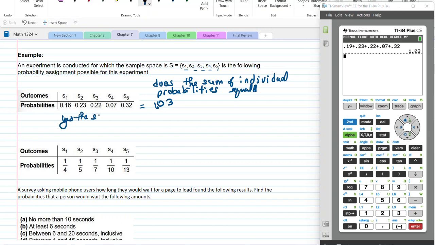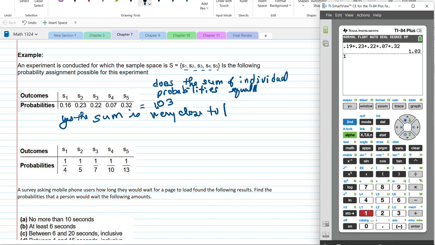The sum is very close. Therefore, it's a good data set. Usually you see 3 decimals to help get closer to that number. In this case, we want to add them and see if they equal 1.